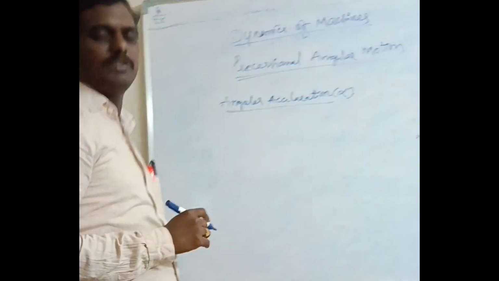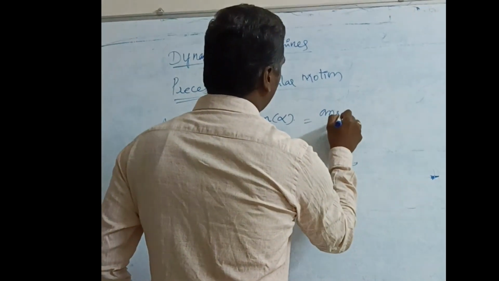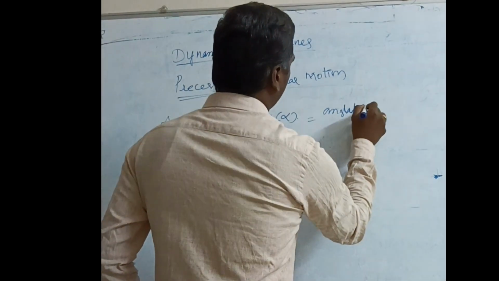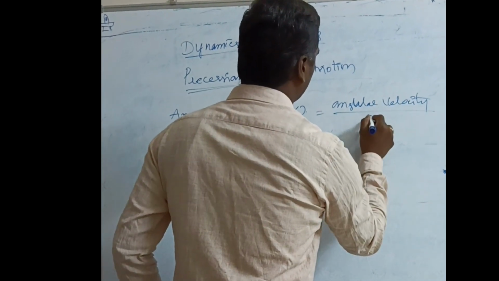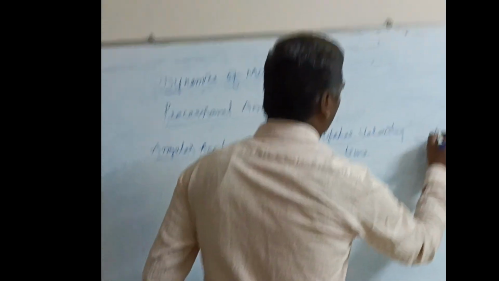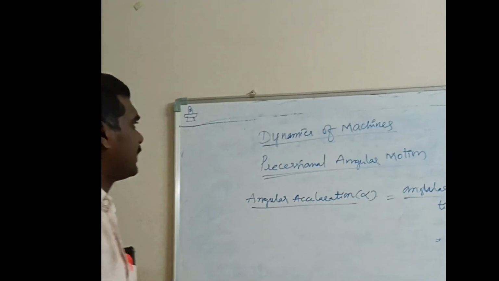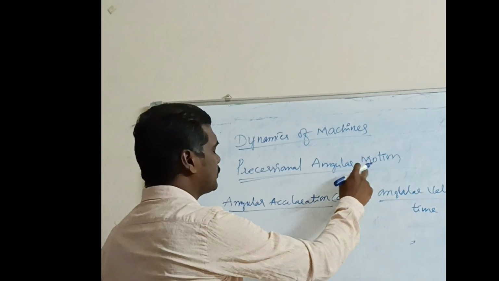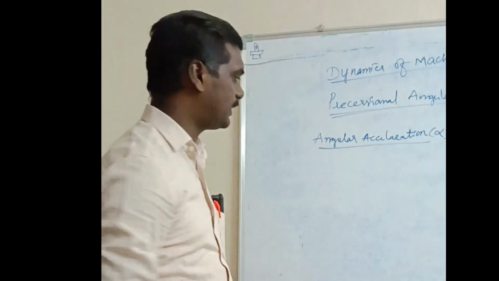Angular acceleration is defined as the rate of change of angular velocity with respect to time, that is d omega by dt. Here, precessional angular motion needs to be found with the help of some small explanation.